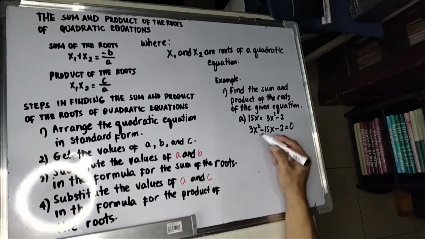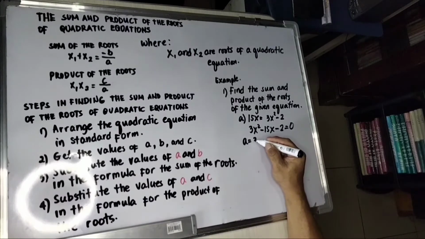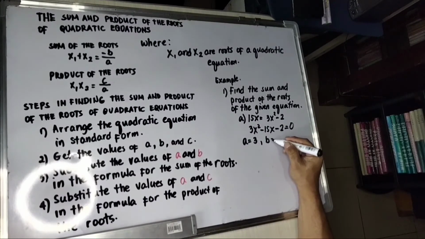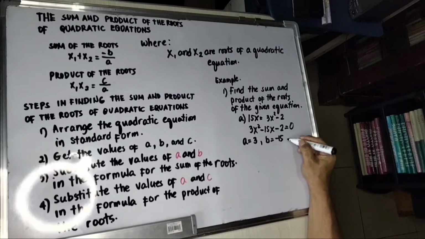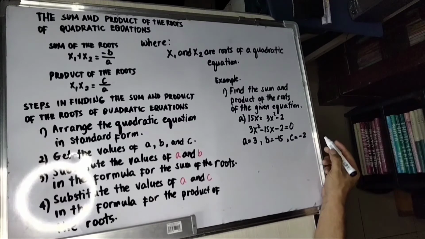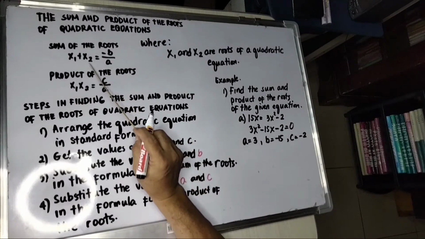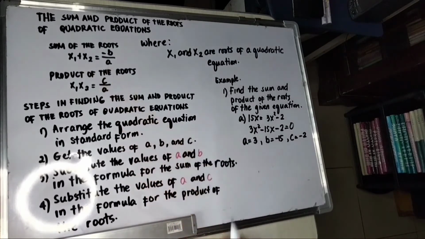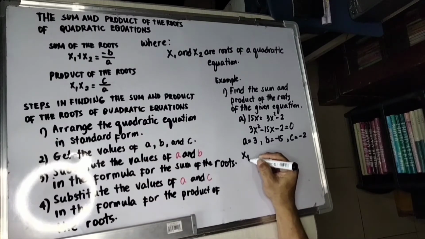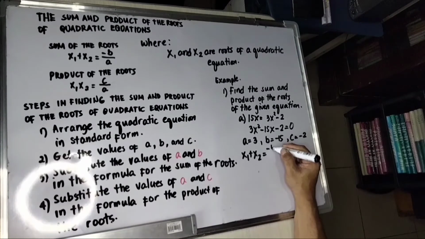Get the values of a, b, and c. A is 3, then b is negative 15, and c is negative 2. These are the values of a, b, and c. Then, in finding the sum of the roots, use this formula. We have x sub 1 plus x sub 2 equals negative b over a.